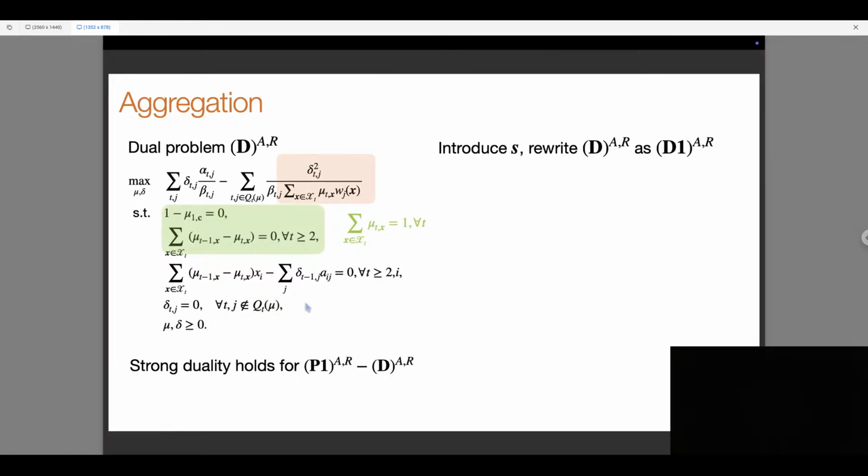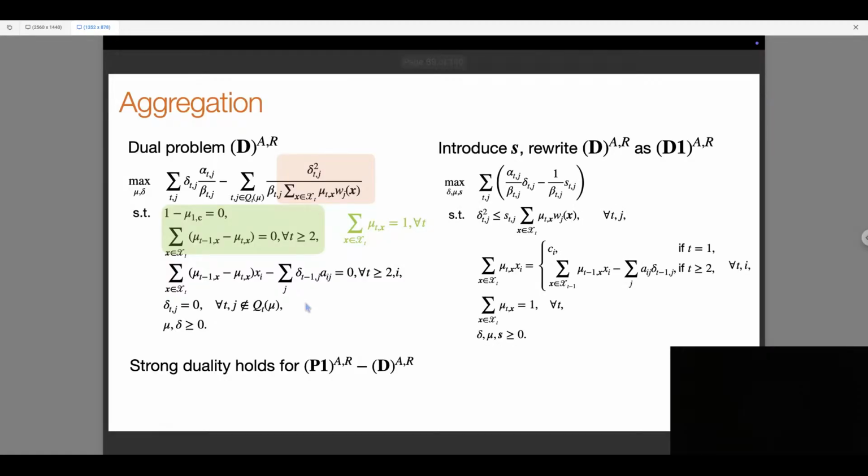And also we introduce a new decision variable s, and we solve this fractional presentation of two decision variables mu and delta. With mu, we can rewrite the DAR into the D1AR in this form.